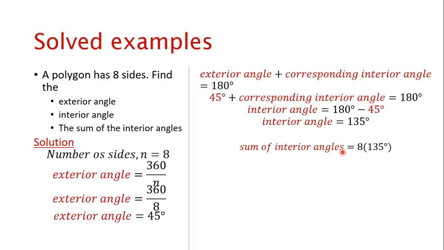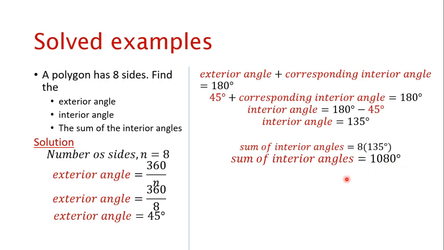Yes, the polygon has 8 sides, and so the interior angles inside the polygon will also be 8. And we know that the interior angle is 135. So we multiply that 135 by the number of angles we see in there, and that gives us 1080 degrees. The sum of the interior angles is 1080 degrees.